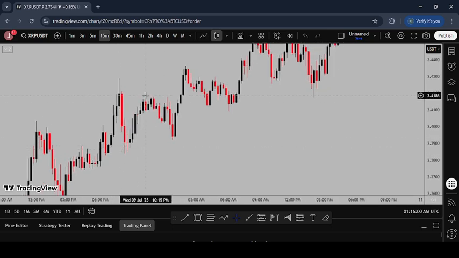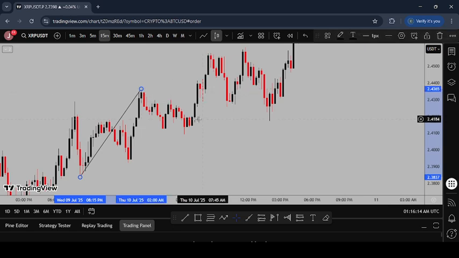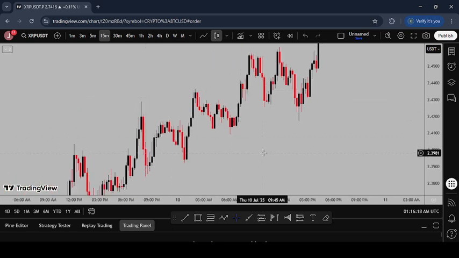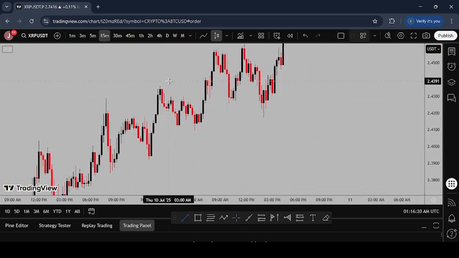It pushed up, could not break, pushed down, pushed up. So this move is an internal move. The swing is from here to here. Now the market created a new high, came back down to create a low right here. This is the swing from here to here.